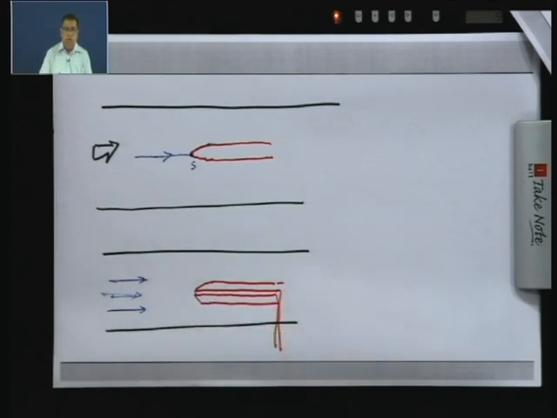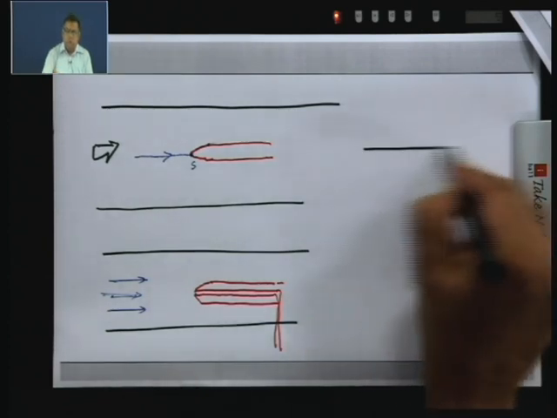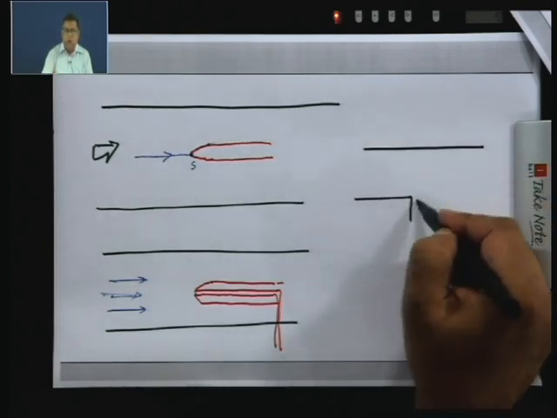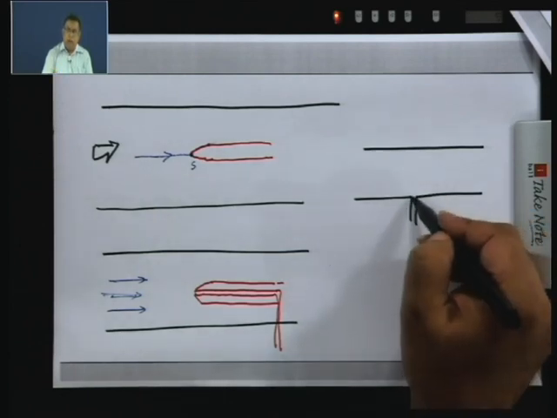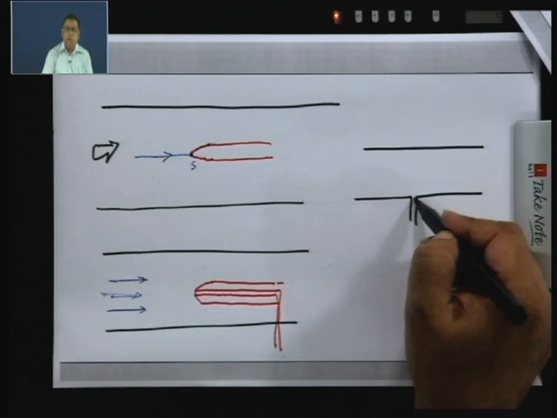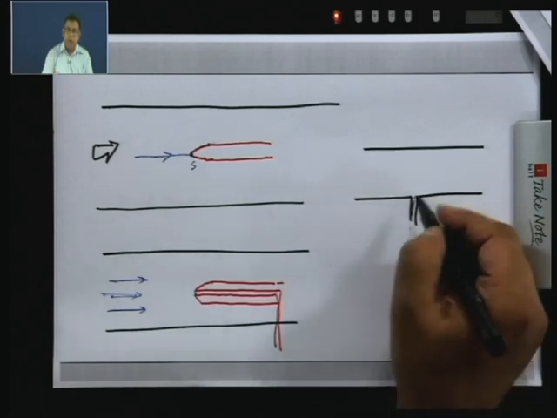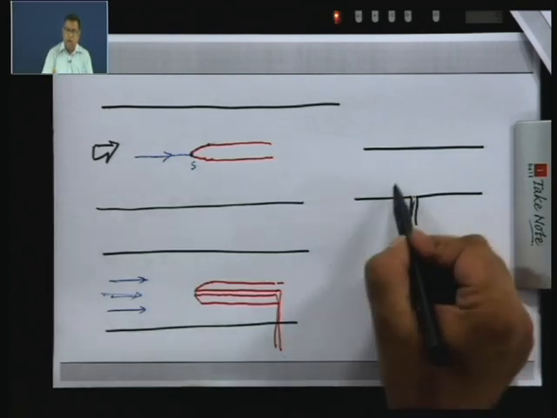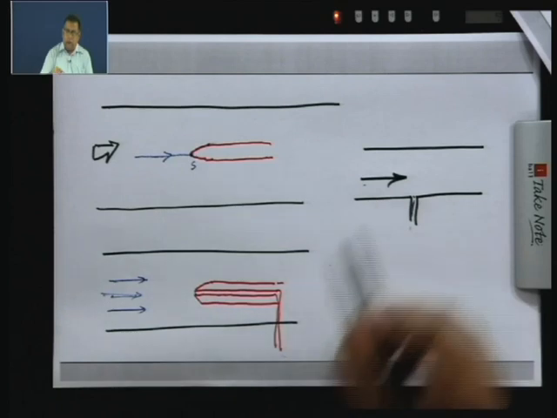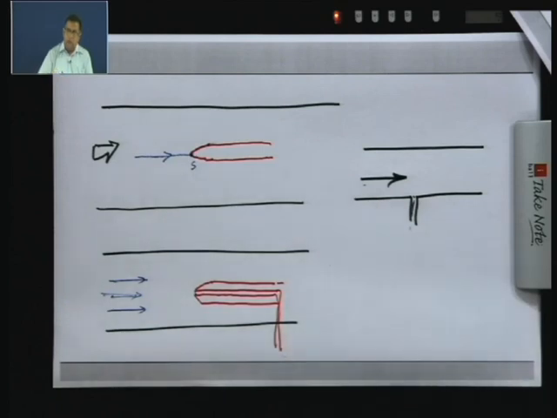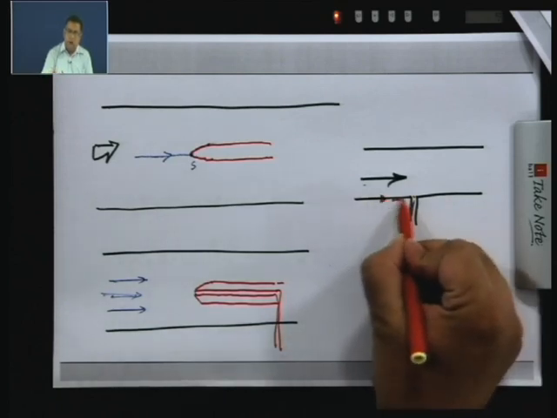Now, if you want to measure static pressure, if you consider this case where I drill a hole in the wall, and I can connect this tube to a U-tube manometer and measure the pressure, the reading will be the static pressure at this point. So, when the fluid is flowing this way, and if it is an inviscid flow, you know that it can slip along the wall.